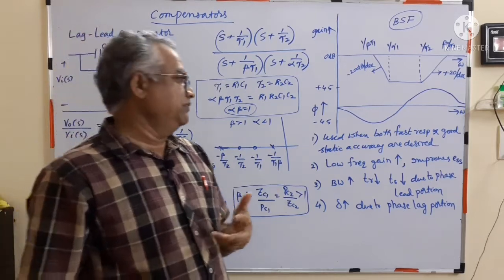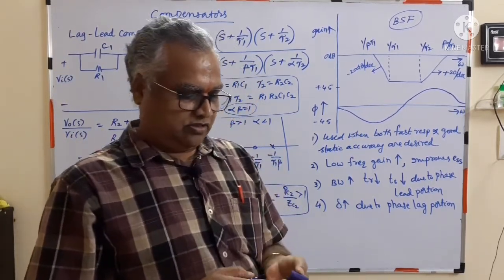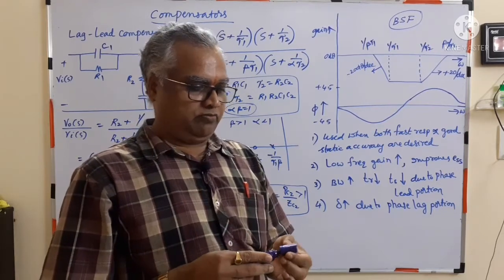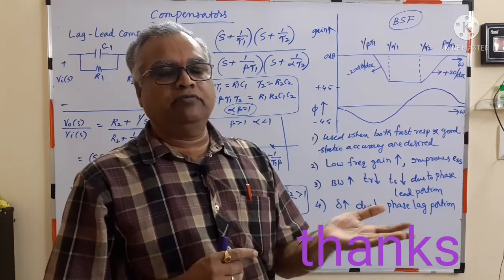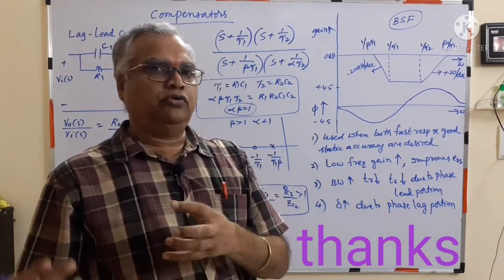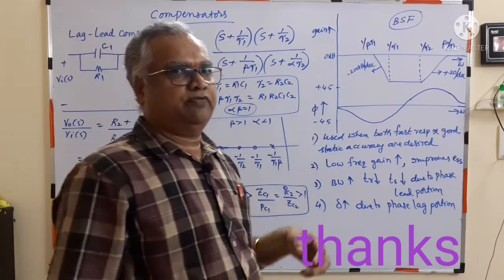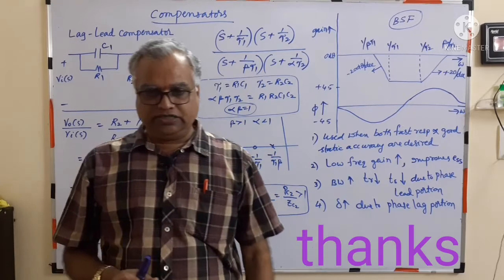And next class we will do design, how these things are helpful to design a problem. In a given problem there will be some gain margin and some phase margin, and our requirement will be different. How to achieve our requirement with the help of these compensators, we will continue next class. Thank you.